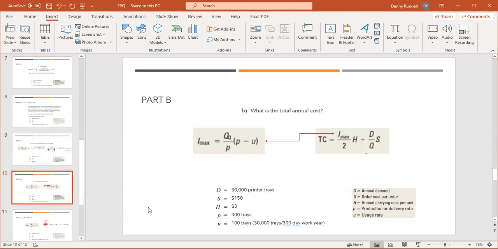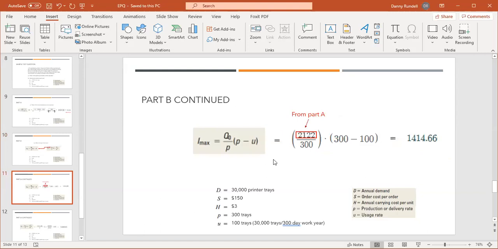So for total annual cost, again, we have to find that I sub max before we can figure out total cost, like in that example in the book. So first we use the I max formula. And this number we got from the first part, okay? You need that number from this, okay?